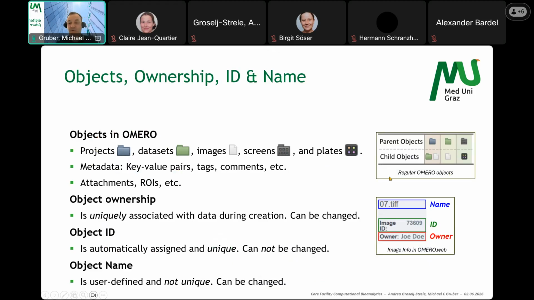The so-called regular OMERO objects are project folders, dataset folders, images, screens, and plates, whereby there is a separation of so-called parent objects and child objects, where a parent object can contain child objects. If objects are created or images are uploaded, then there is an ownership assigned to this object, which is unique.